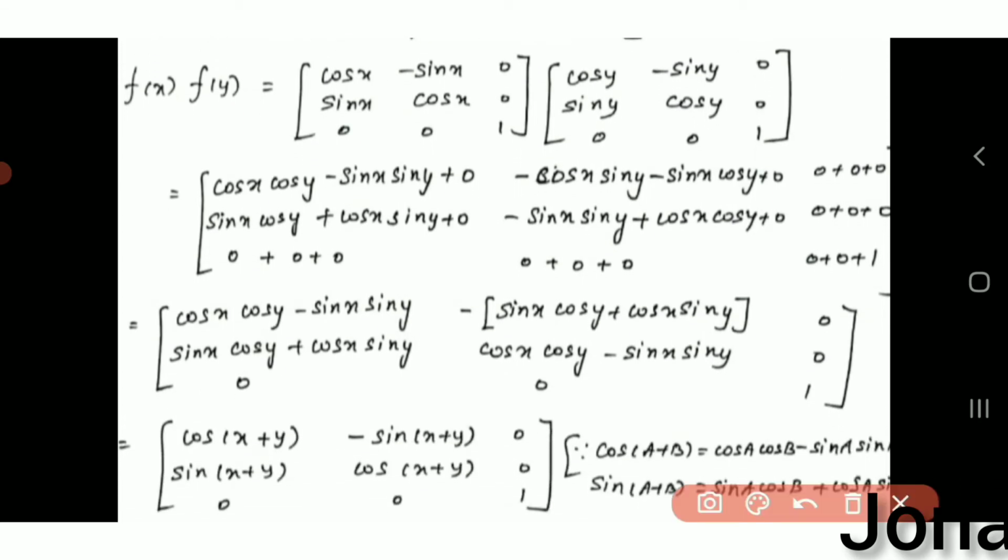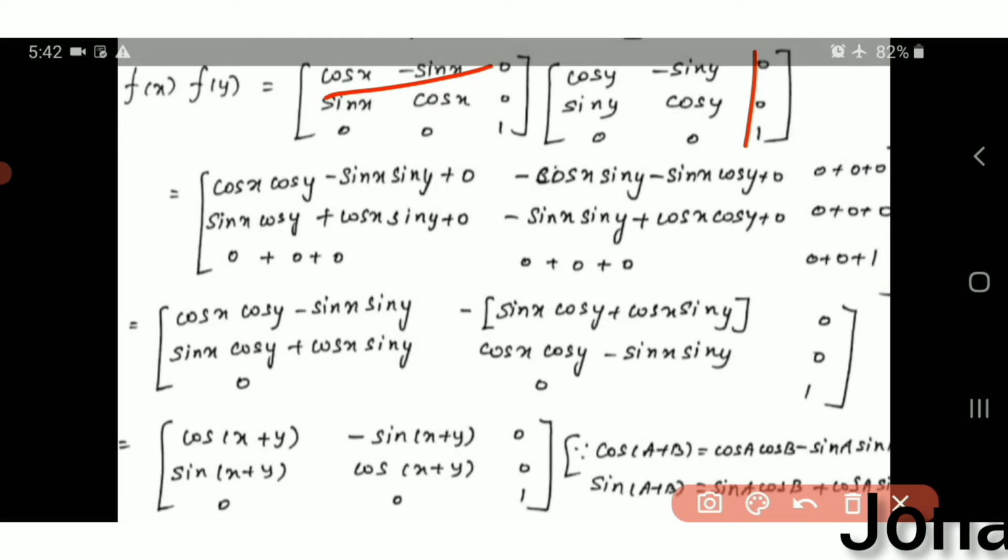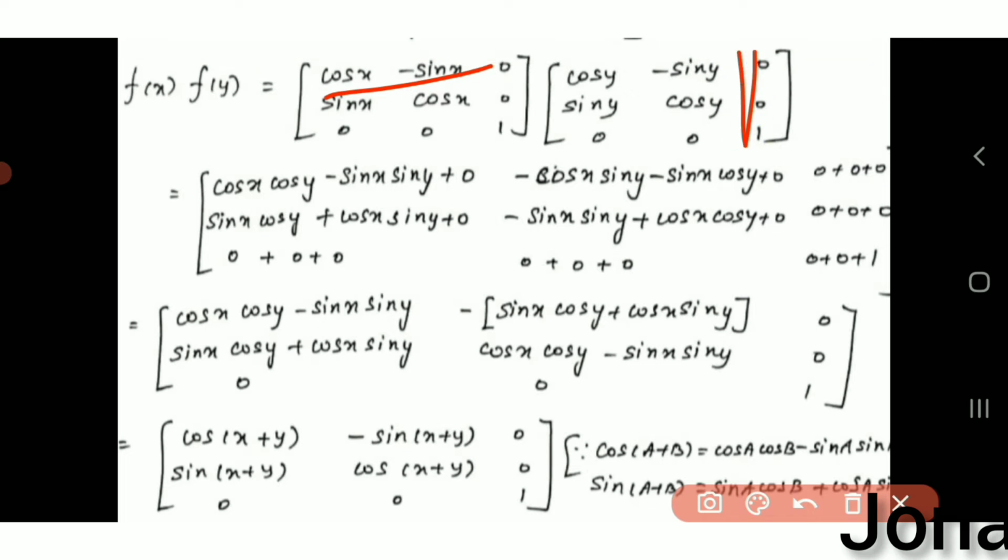Here first row first column, that's nothing but cos x cos y minus sin x sin y plus 0, and then first row second column, that is nothing but minus cos x sin y minus sin x cos y plus 0, and then first row third column, here it is 0 plus 0 plus 0.